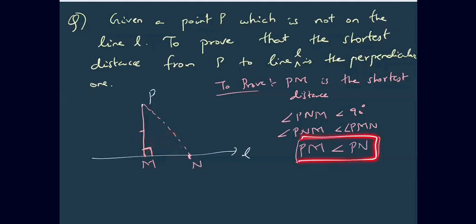So PM is less than PN. I hope this is clear. What we have done here is, for any other point on the line, the distance from P to that point is more than the distance from P to M. So the shortest distance from a point to the line is the perpendicular one.